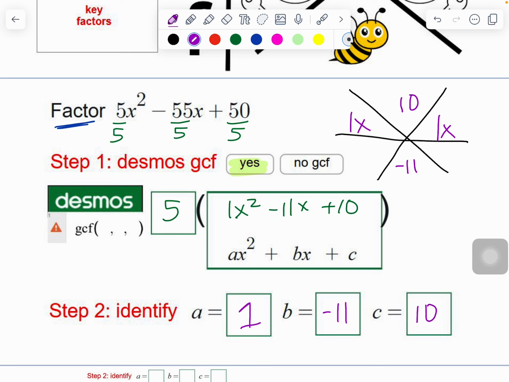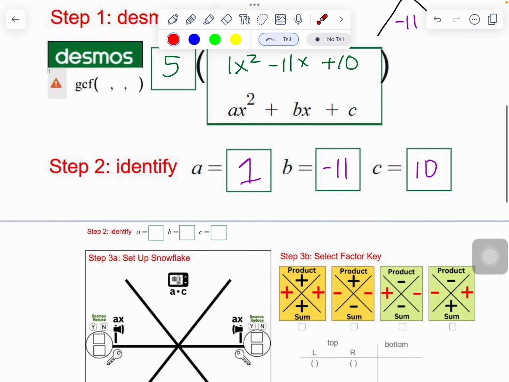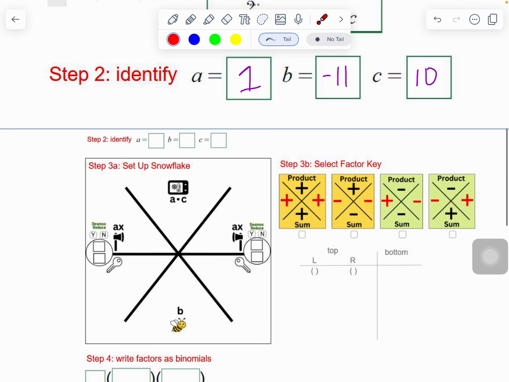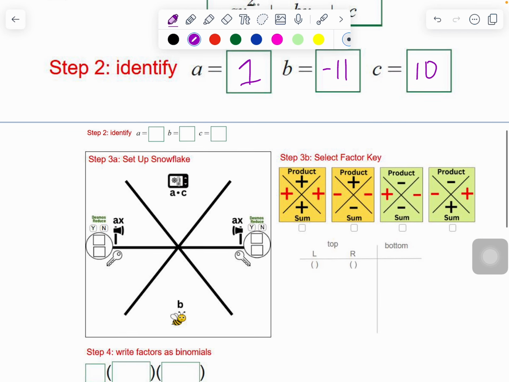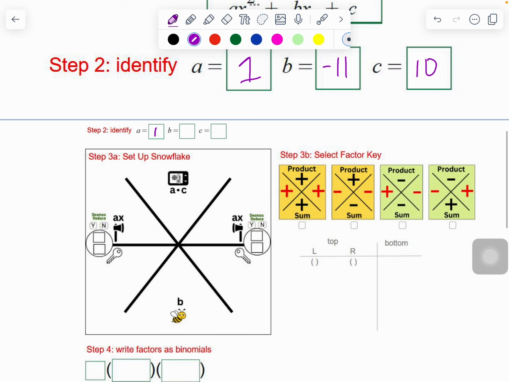All right, now we have to do our cross puzzle, and we're going to fill in these two right here. I know mine looks a little different than yours, but we're doing the same problem. So 1, negative 11, and 10. I have a 10 here, a negative 11, a 1x, and a 1x.